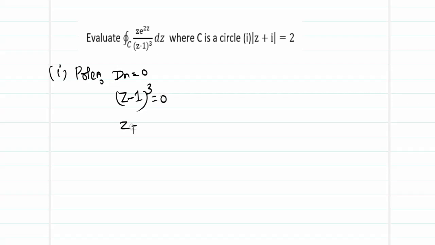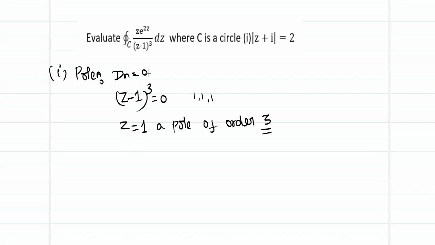So I have z equal to 1 to be a pole, but is it repeated one time? No, it is repeated 3 times. So z equal to 1 is a pole of order 3. So you consider this to be a multiple pole.